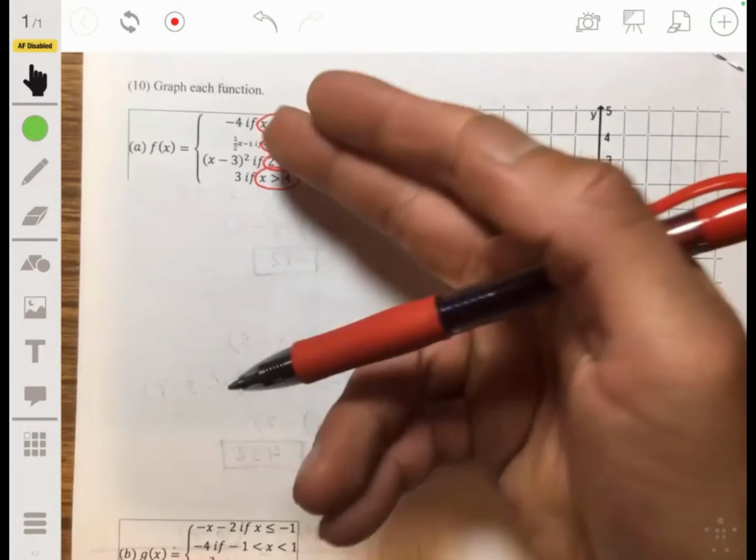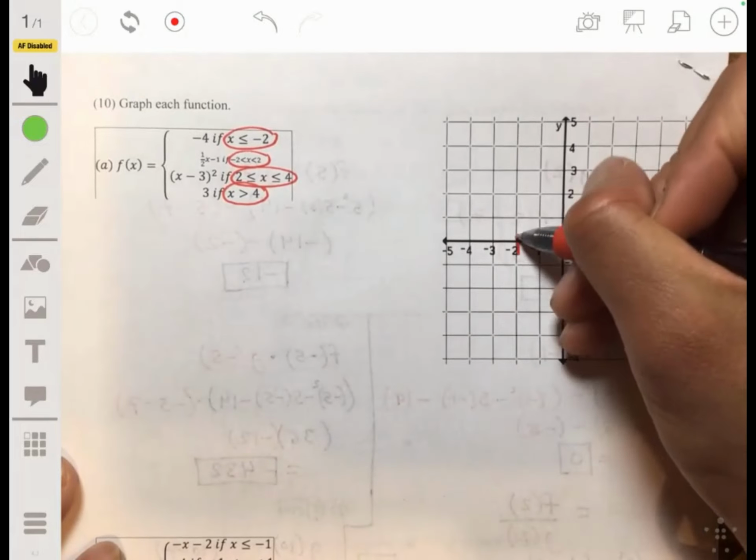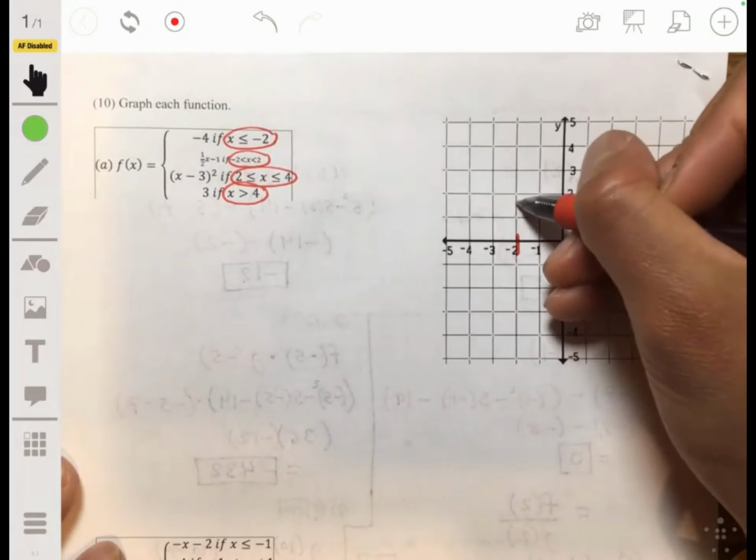So I recommend first drawing vertical lines dividing the graph at these points.